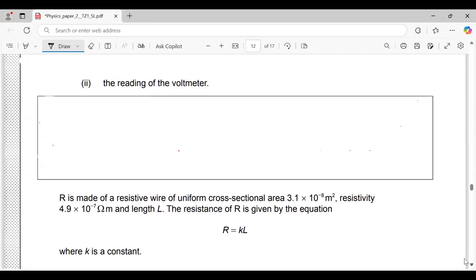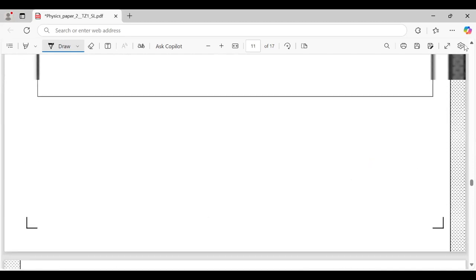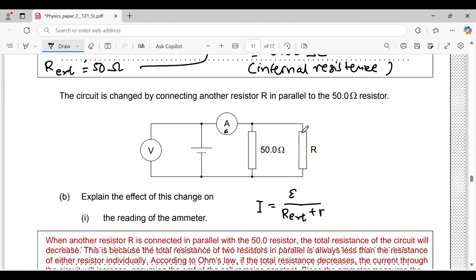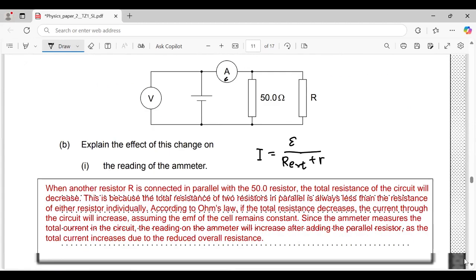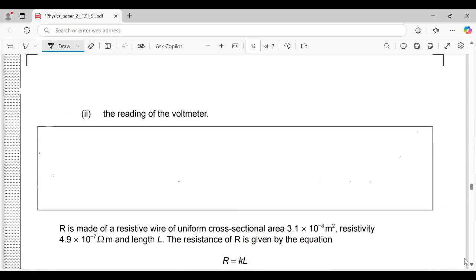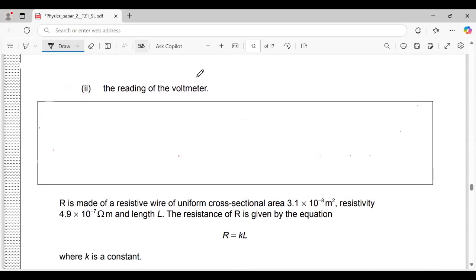So what are the implications for the reading of the voltmeter? Just now, when we add one more resistor here, these are the implications for the reading of the ammeter, and then next the implication for the reading of the voltmeter.